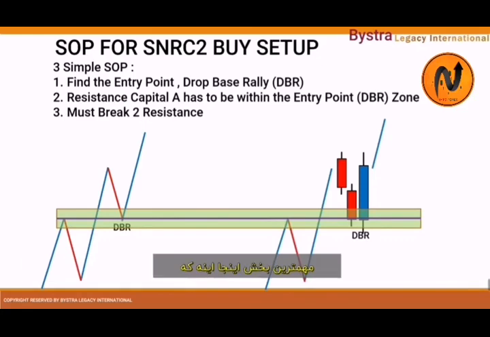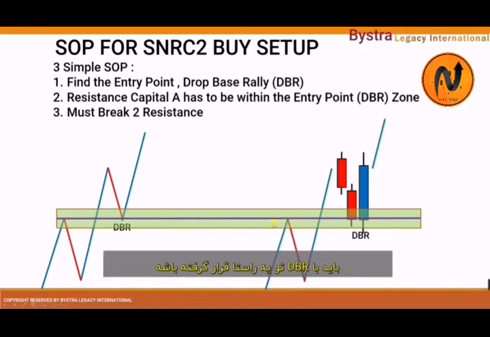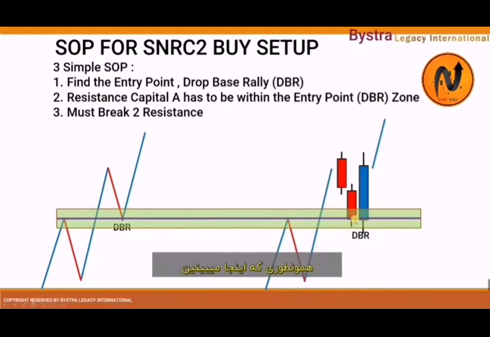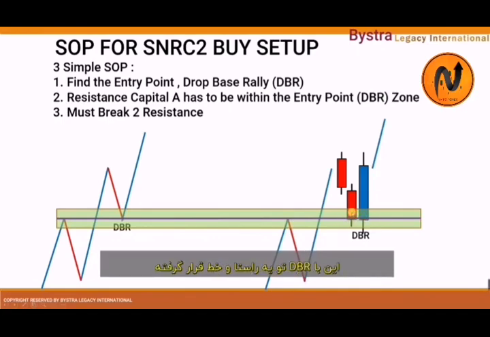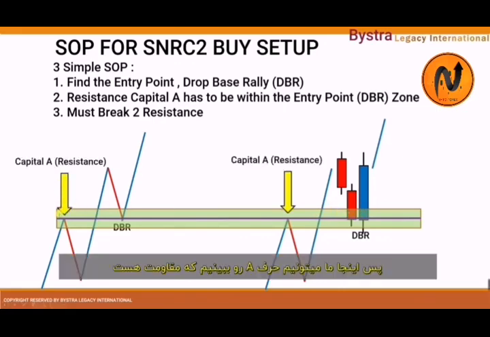Most important part here is that we need to know that this capital A or this resistance must be aligned together with the drop base rally. As you can see, this is aligned together with the drop base rally. So here we can see the capital A, which is the resistance.